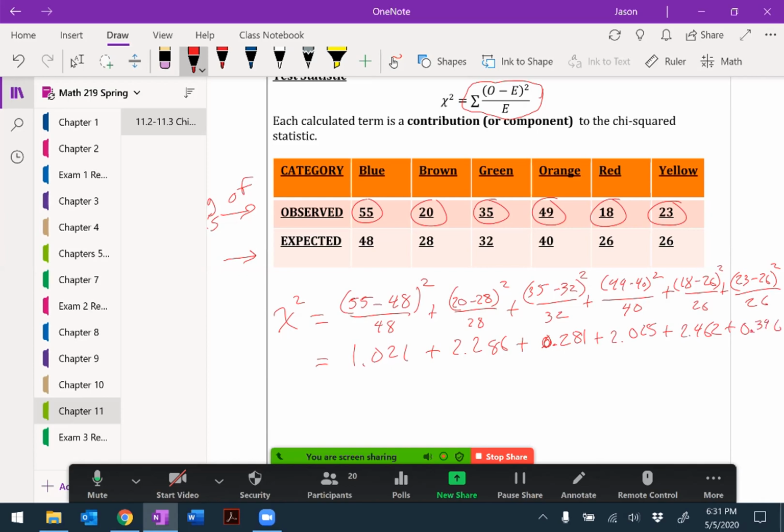Now if I added all of these together, I would get 8.421. So this is how I would do this by hand.